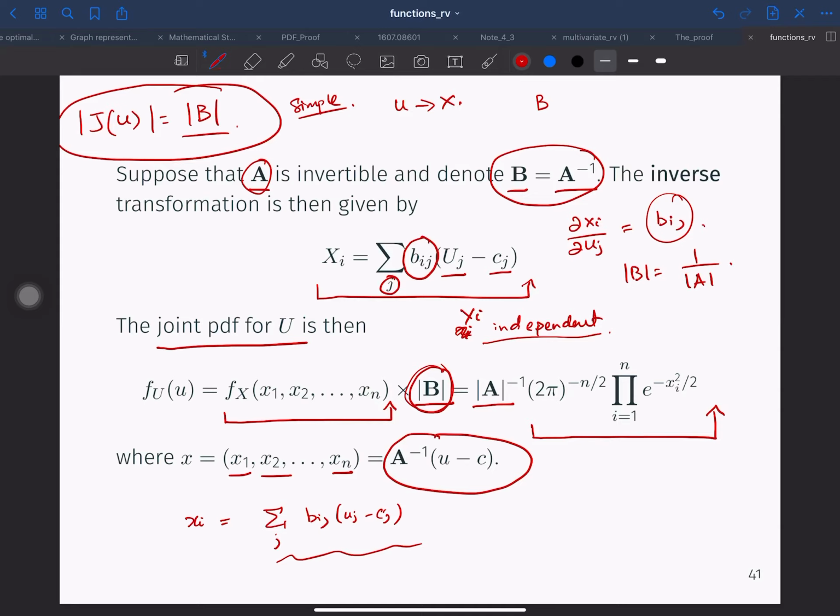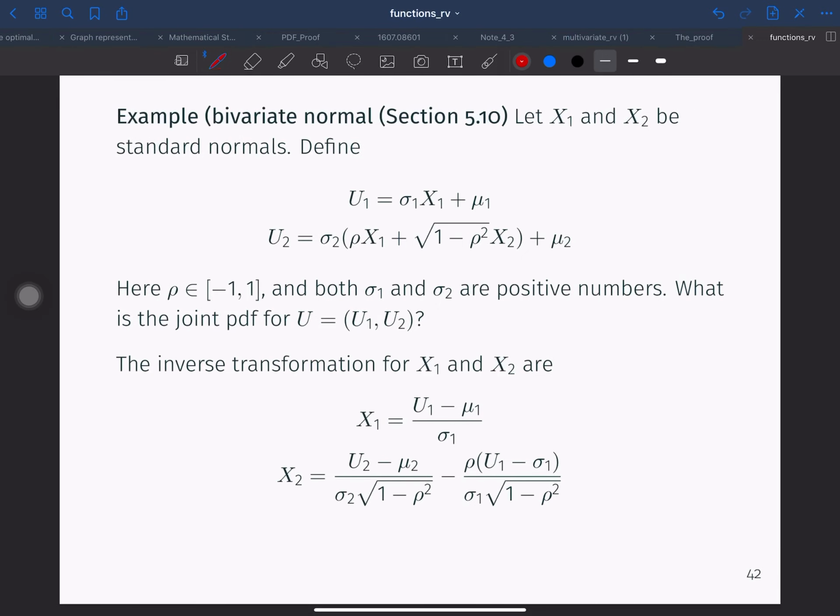But like I said, if you ever want to do more statistics, a good understanding of the multivariate normal distribution is essential. So let's see a quick example. This is section 5.10 of your textbook. Suppose I have a very simple case, X1 and X2, two standard normal random variables.